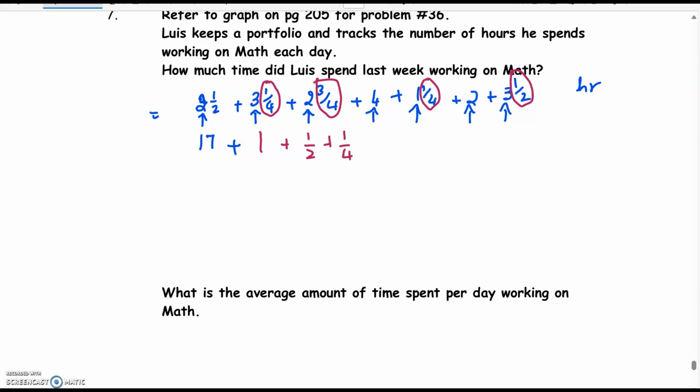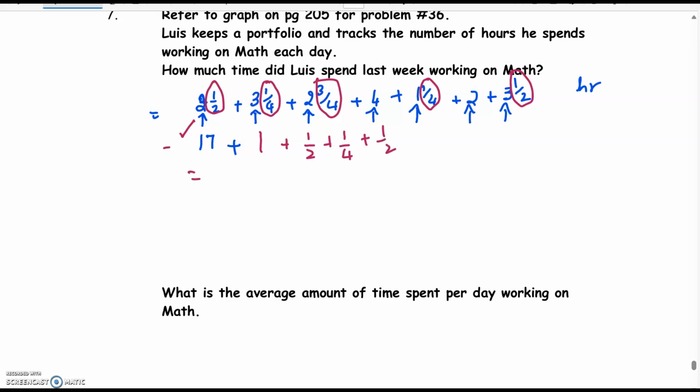So let's double check. 2 plus 3, 5, 6, 7, 11, 12, 13, 14, 15, 16, 17. 3/4 plus 1/4 makes... there's another half here. Okay, so we have another half that I missed.